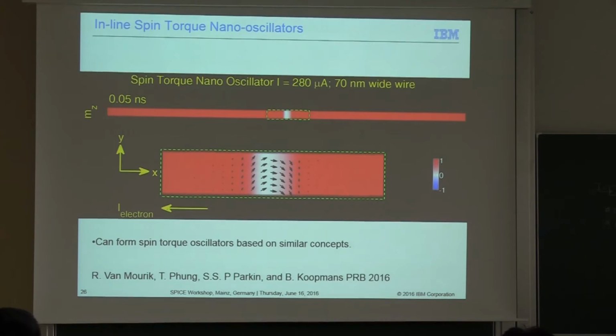And one can also build gigahertz oscillators based on using these spin polarized current concepts. So this is a nanowire where the magnetization is pointing perpendicular, and you have one part of the wire where the magnetization is pointing in plane, and using spin torque, we are able to excite this region and cause it to precess at gigahertz frequencies.